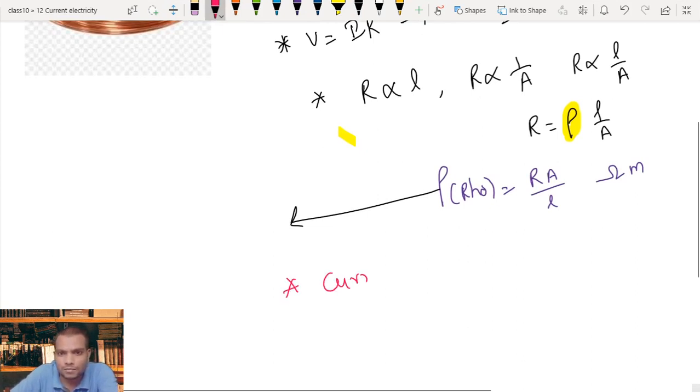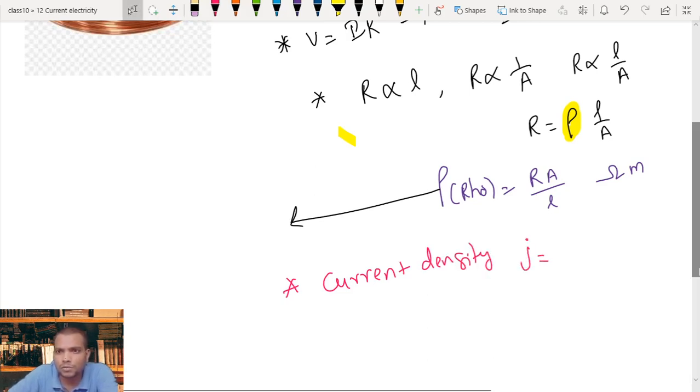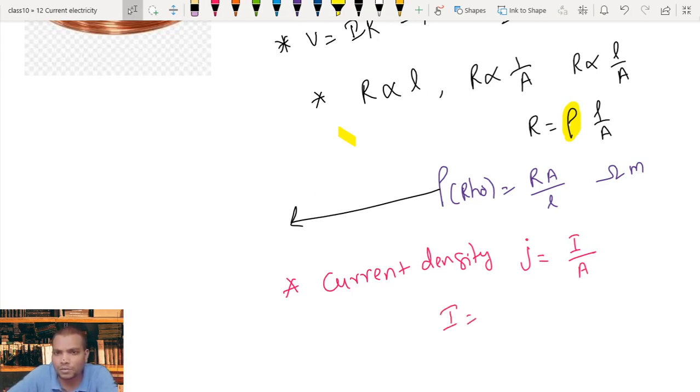After resistivity, we defined current density. Current density J equal to current per unit area, I upon A. From this we can write another formula for current: current I equal to the dot product of current density and area, J dot A, which is J A cos theta.